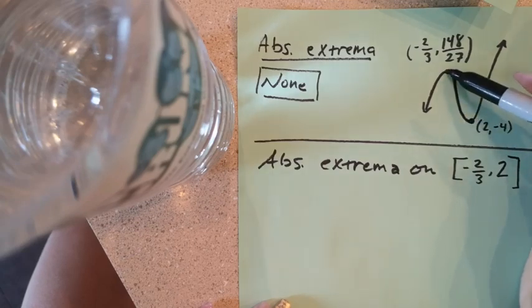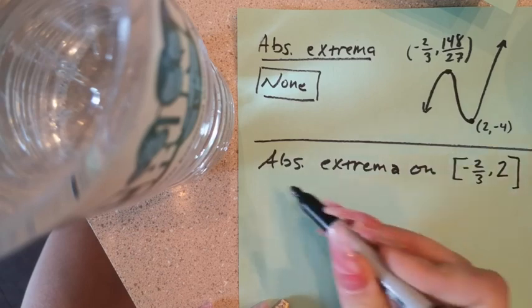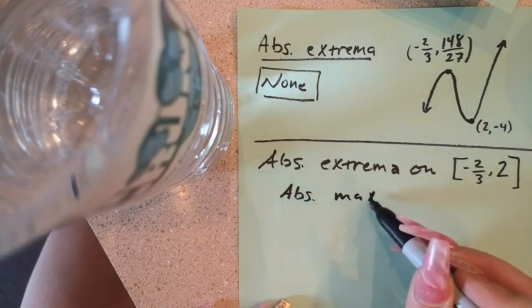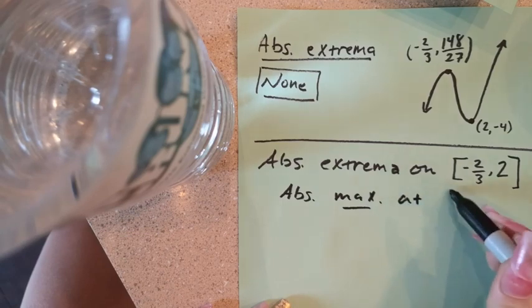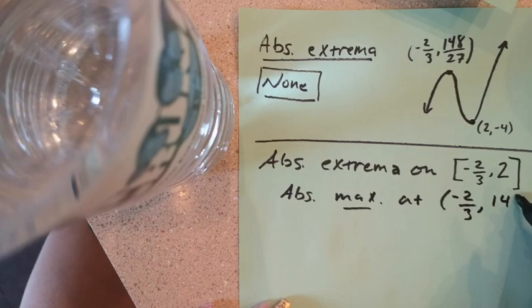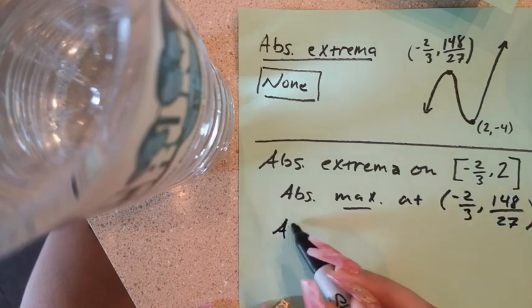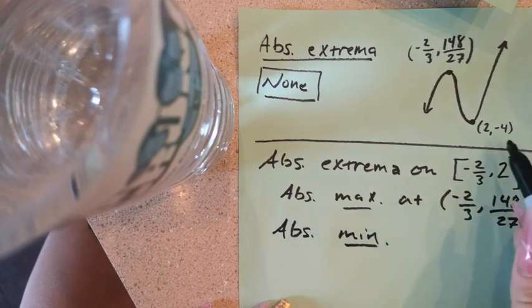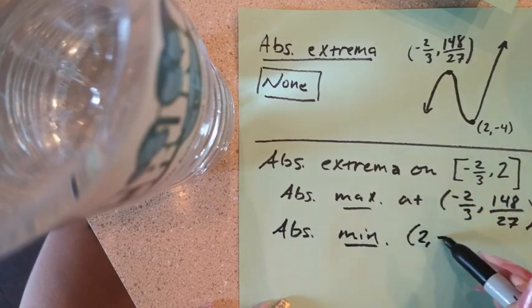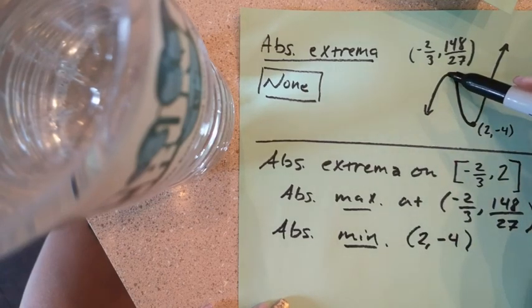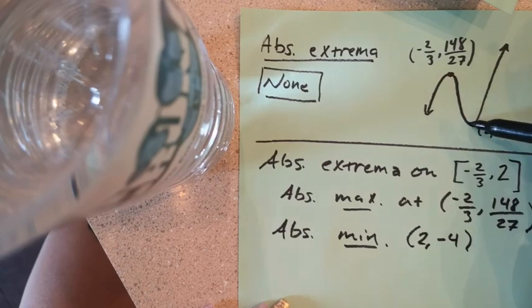Then we would say we have an absolute max at (-2/3, 148/27), and an absolute min here at (2, -4). But that would only be if I'm looking just at this segment.